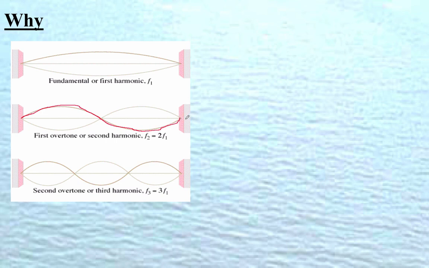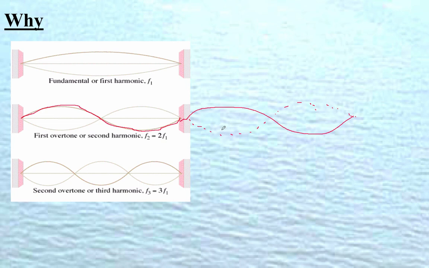If that were to continue, it would just go like that, right? But it doesn't continue. It actually reflects back. And the cool thing about a fixed end is it actually tips it upside down. So what reflects back is actually this. This is what is reflected back.